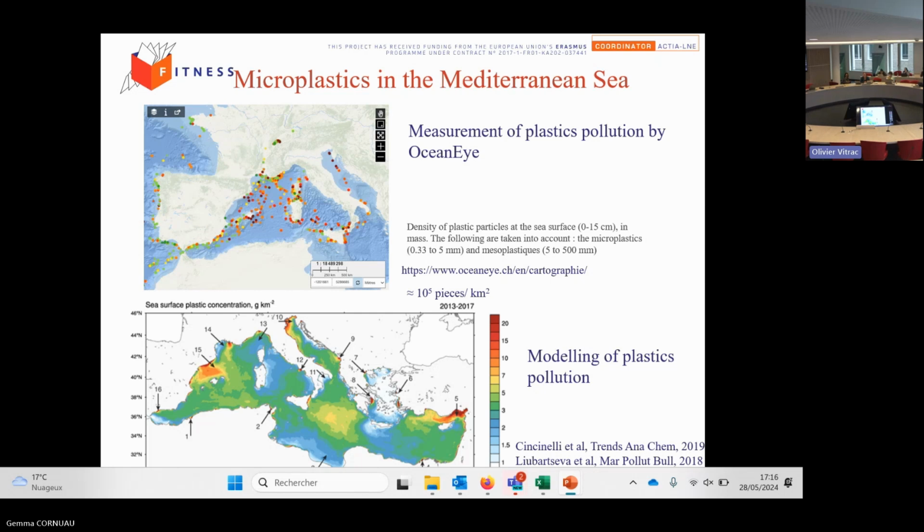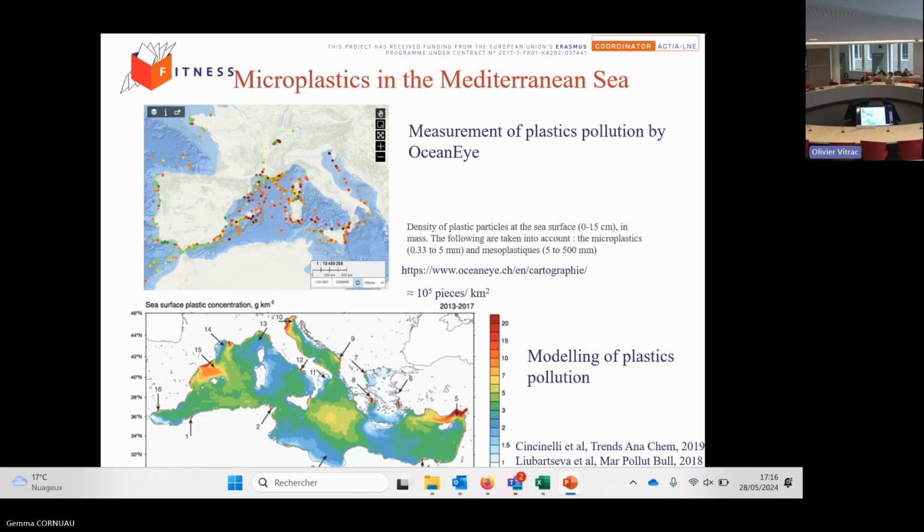I was using this because this morning I already said that AgroParisTech is very proud that there are some points they're accounting, coming out of AgroParisTech's measurements. And when you compare OceanEye's microplastics pollution cartography with the modeling, which is just below, you can see that it rather fits.